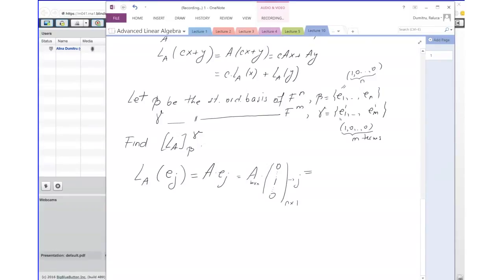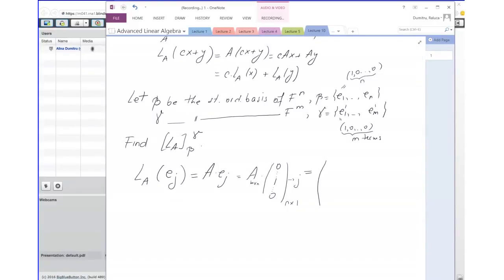So my question to you is, what happens when you multiply a matrix by this kind of vector? What do you get? How do you multiply a matrix by a vector? You take row 1 times the vector, and that gives you the first entry. If I do row 1 of A times 0, 0, 0, 1, 0, all I keep from that is A1j.